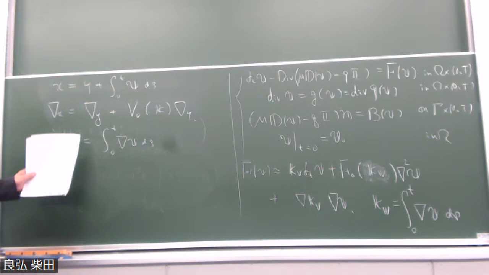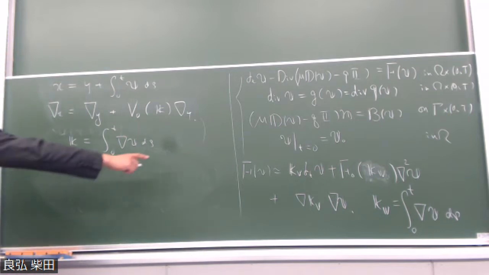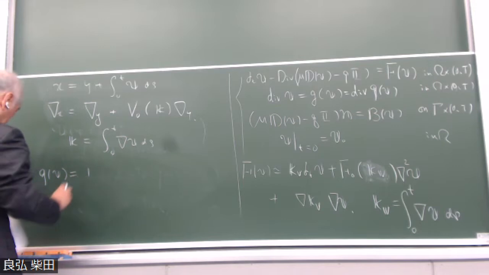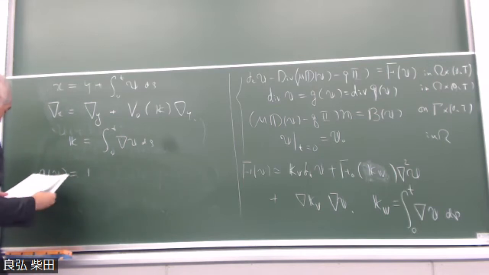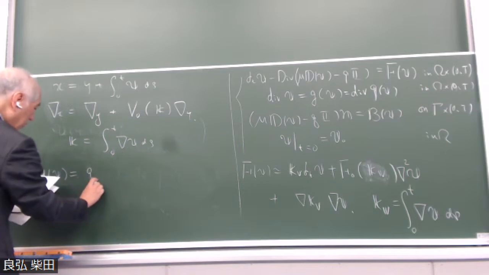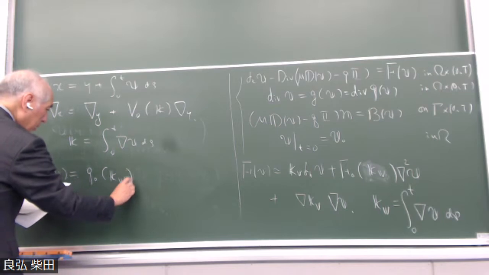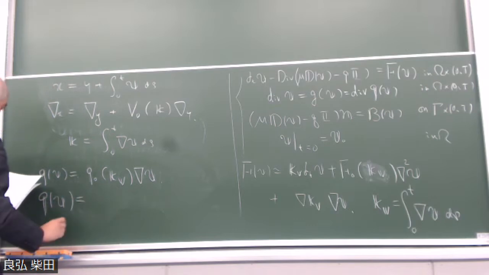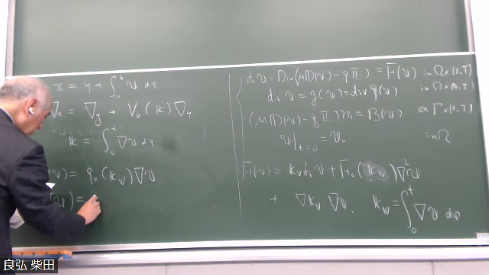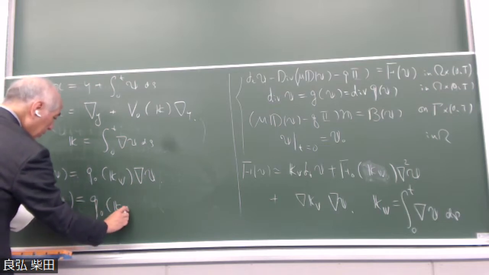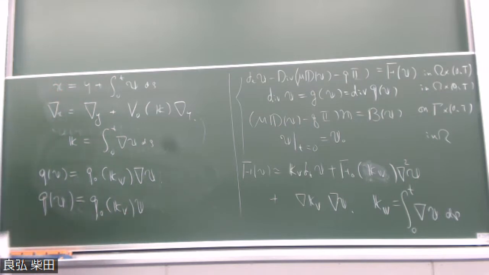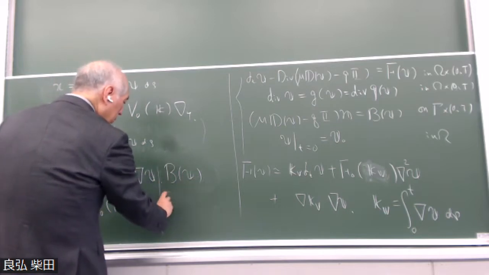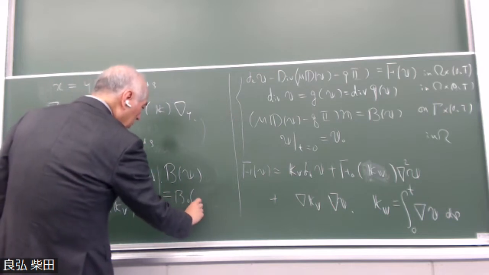And then F(v) is this one, and G(v) has the form of some function k0, k(v), and nabla v, and G is also some function of G0, k(v), and v. And H(v) is also some function H0, k(v).